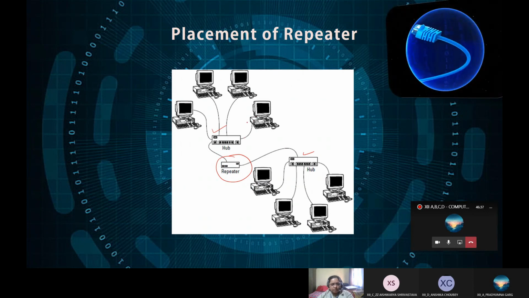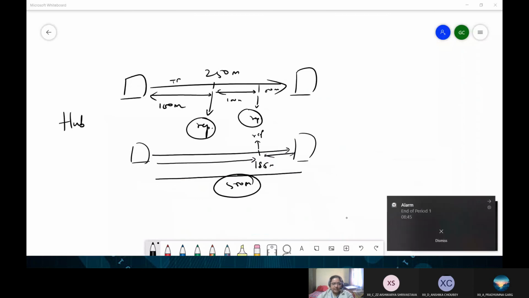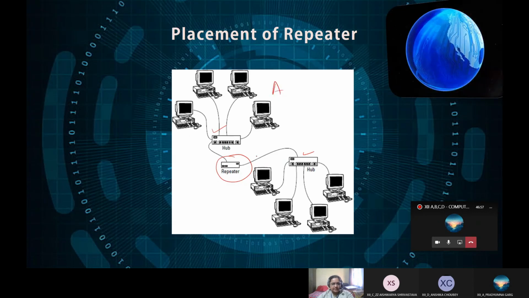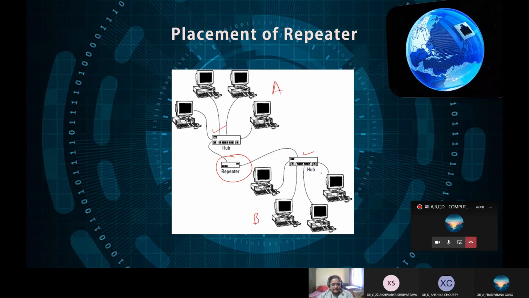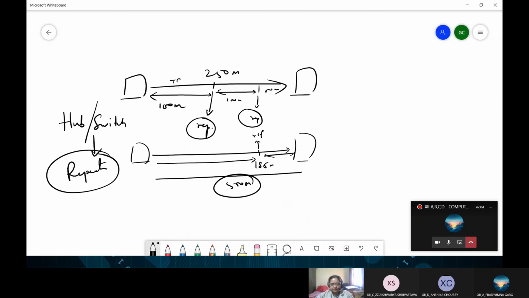Now let me tell you one more thing, that hub or switch in itself are repeaters. So if the distance is not much, you don't need to install a repeater even. Only when the distance between these two buildings, this is building A, this is building B, is more, then in between you need to install a repeater.